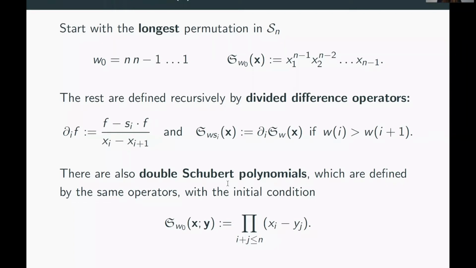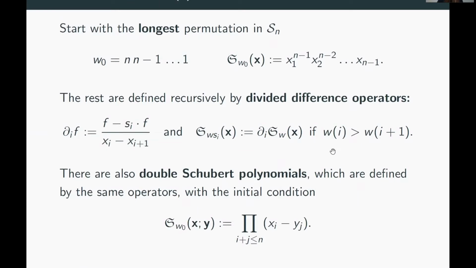To define these Schubert polynomials, there's just an algebraic definition. You can start from the longest permutation in the symmetric group, which is the permutation in one-line notation where the whole string is reversed, this w_0 that you see here. Then the Schubert polynomial is just this monomial here, and you get the rest by applying these divided difference operators.